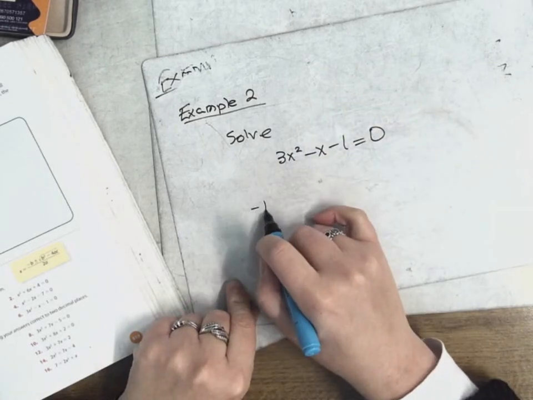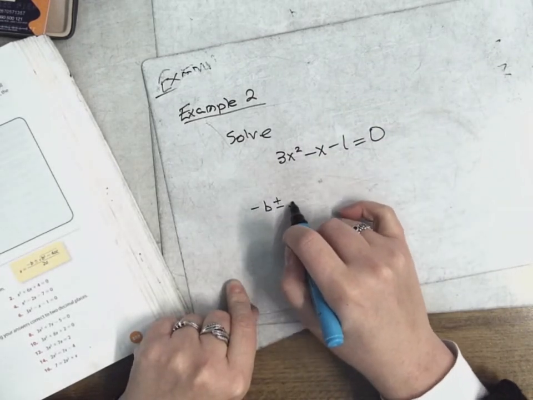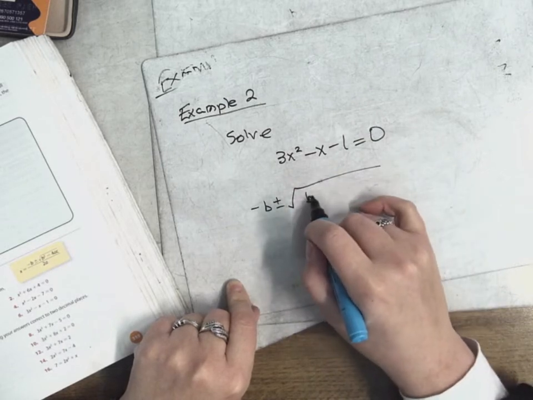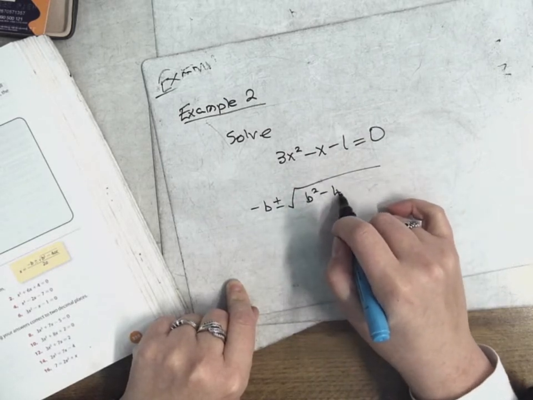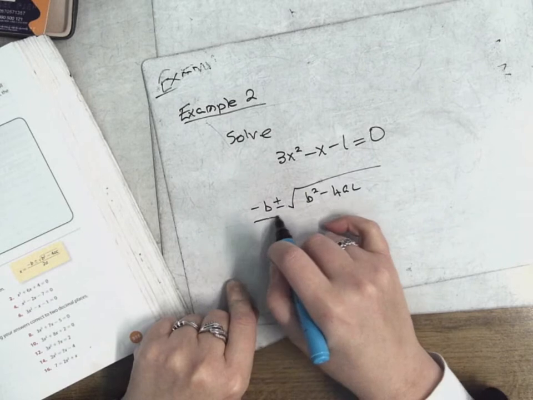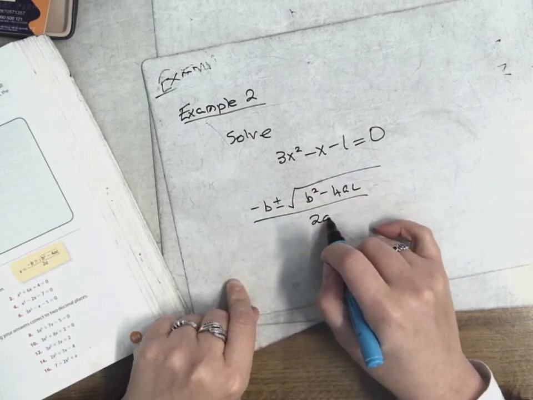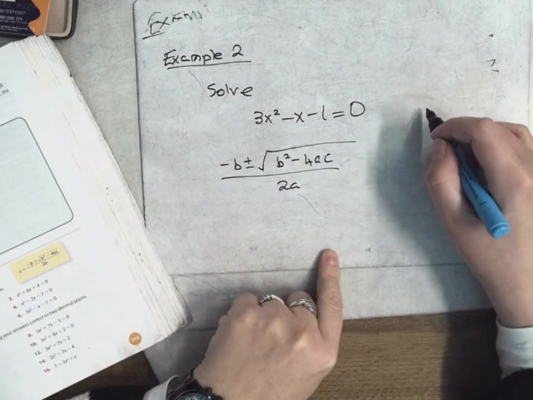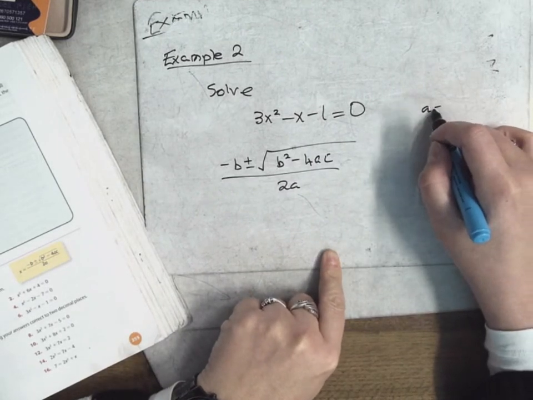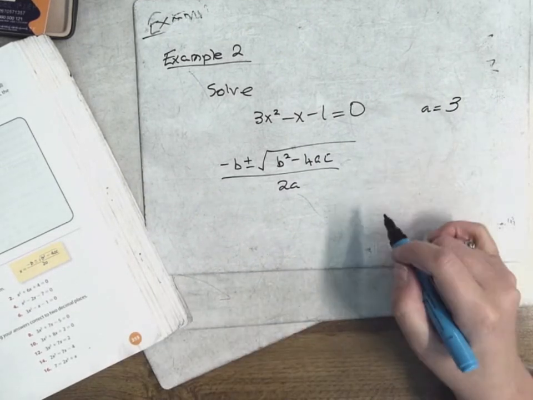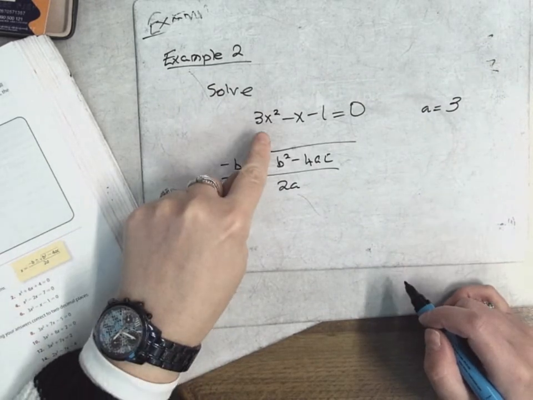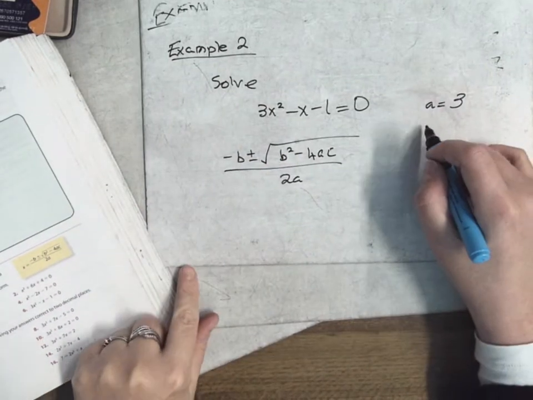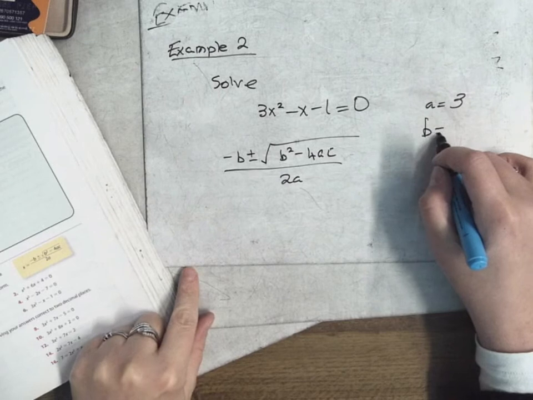So write down the formula: minus b plus or minus the square root of b squared minus 4ac, all over 2 times a. Right, a is the number in front of x squared. So what number is in front of x squared? 3. Does everyone see where I got a is equal to 3? It's the number in front of x squared. B is the number in front of x.